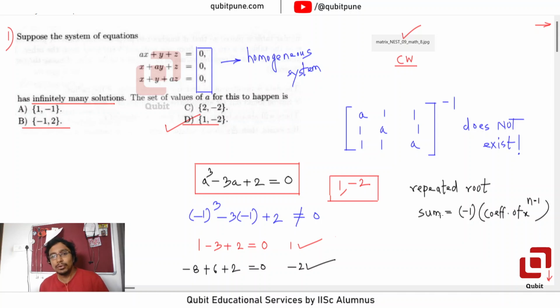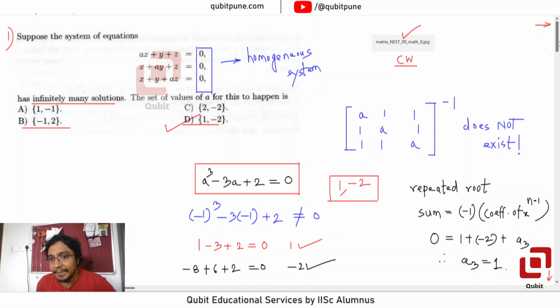Because there is no quadratic term here, the sum will be 0. So if the roots are 1, minus 2 and the third root, let's call it a3, the third root must be 1. Is it clear? So 1 is a double root here.